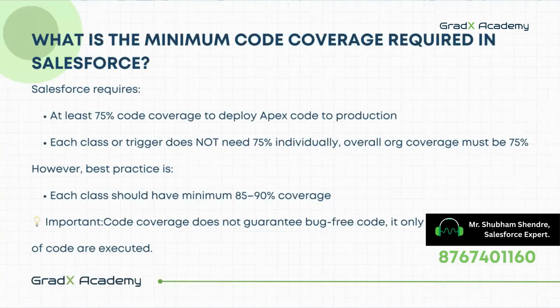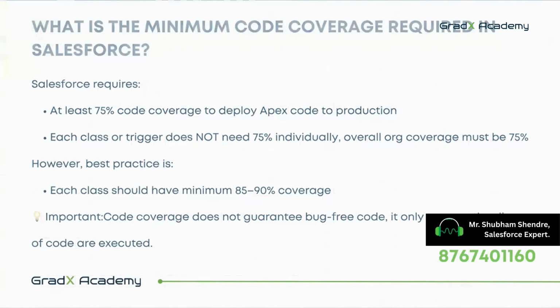However, the best practice is that each class should have a minimum of 85 to 90% code coverage so that we keep the org's code coverage at 75% at the end. Code coverage does not guarantee bug-free code. It only ensures that lines of code are executing properly.